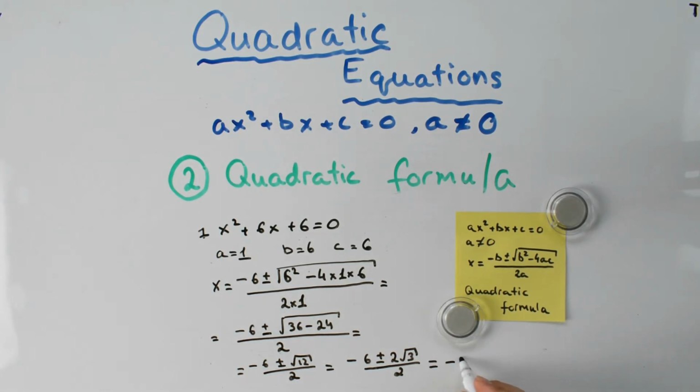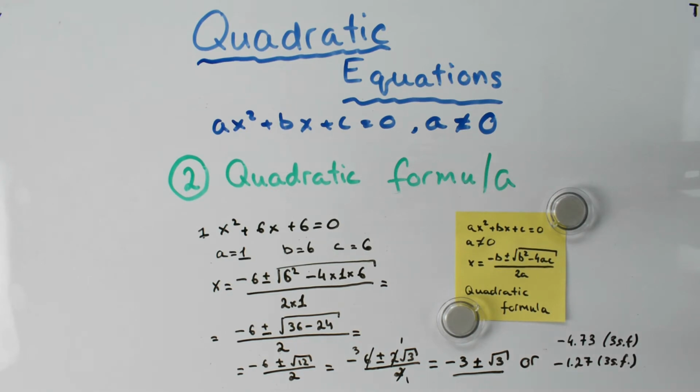The final step is you can simplify everything by 2, because 6, 2 and 2 have a common factor of 2. So it simplifies as minus 3 plus or minus the square root of 3, and that is your exact solution. And now I'm gonna also write the two answers, which will be calculated from the calculator.